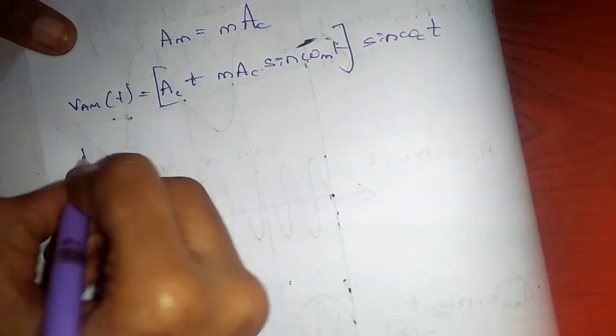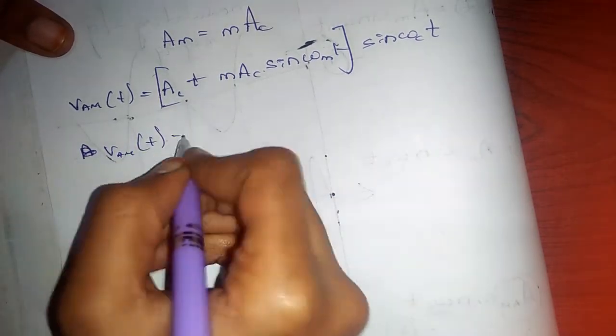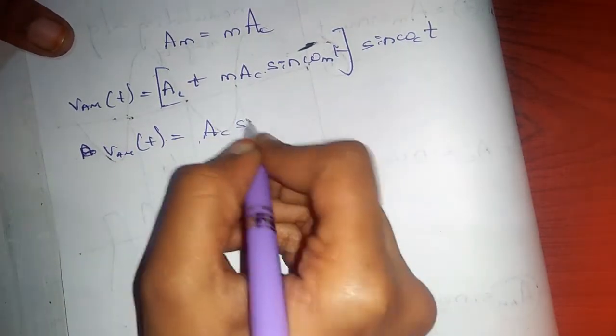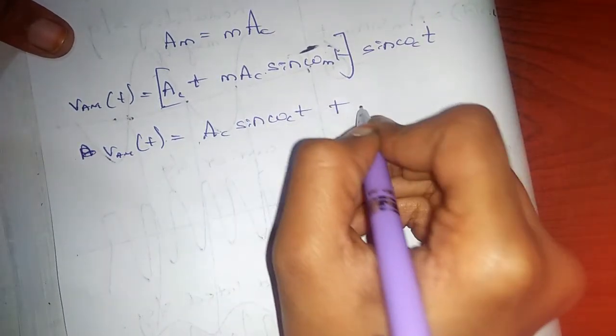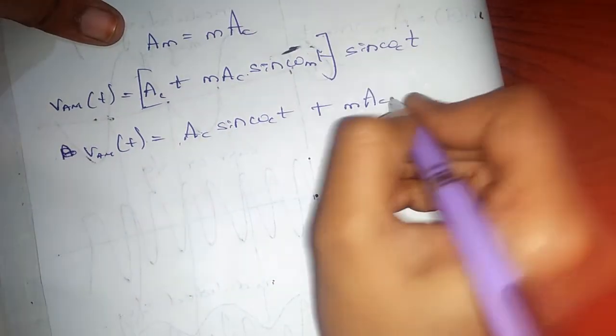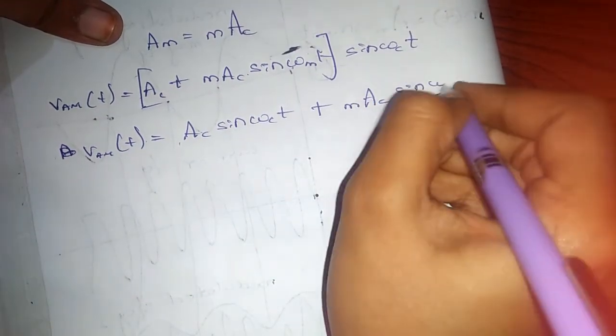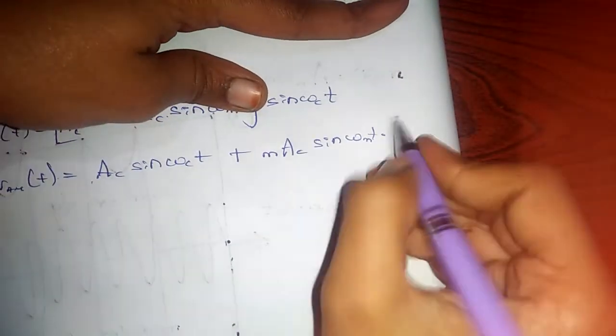Okay, let me simplify. M of t is equal to AC sine omega ct plus MAC sine omega mt into sine omega ct.